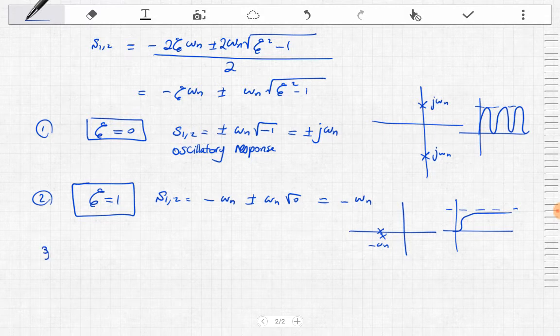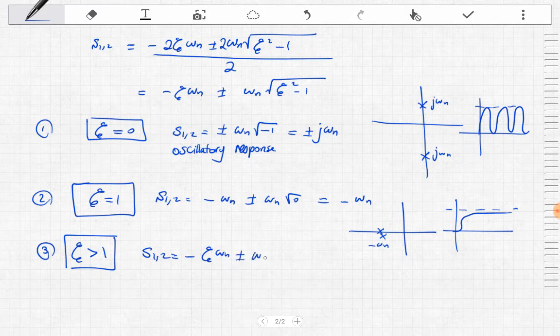Now let's take eta greater than 1. You have S1,2 equal minus eta omega n plus or minus omega n times the square root of eta square minus 1, with eta for example 3 or 4. So if you have 3 squared, that is 9 minus 1 is 8, and the square root of 8 is real, right? So you will have two real roots that are not equal.